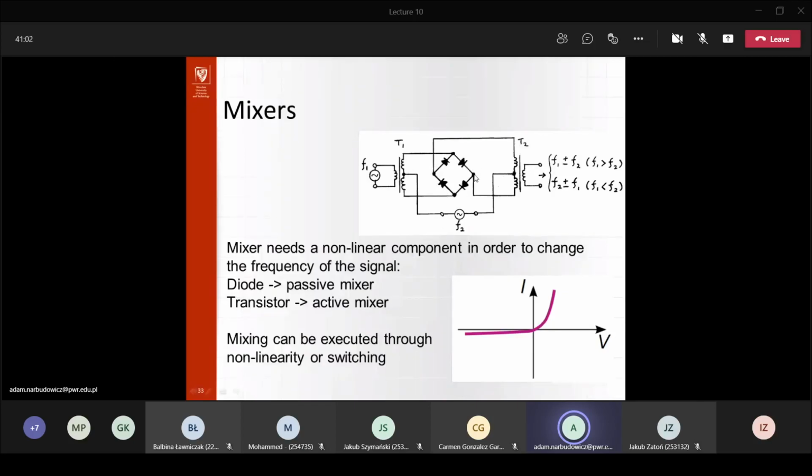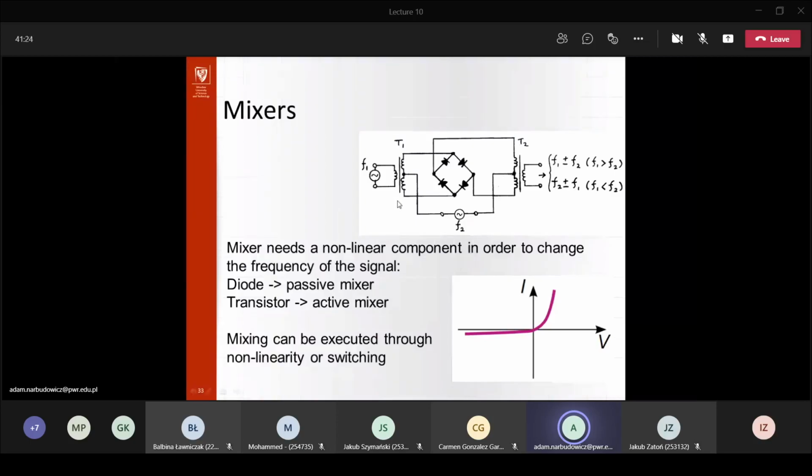So this is slightly different from the classical Graetz bridge circuit that you might know from the power supply unit.